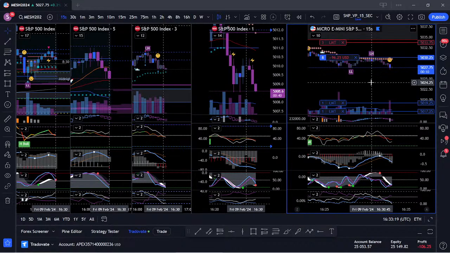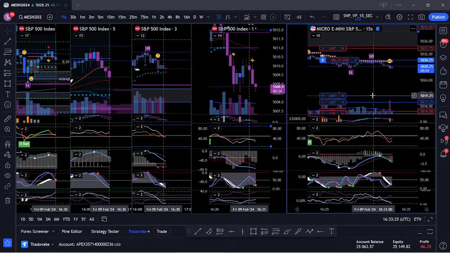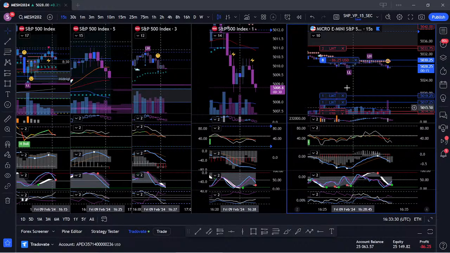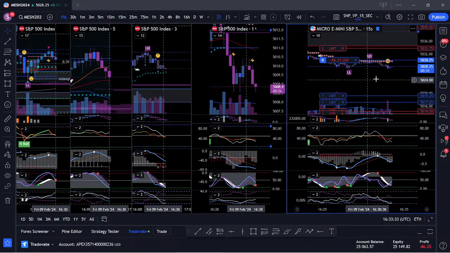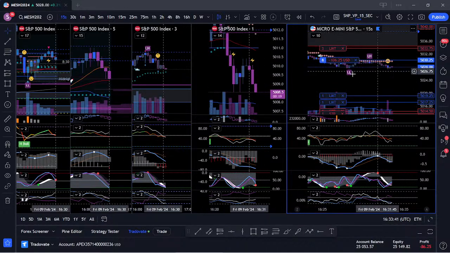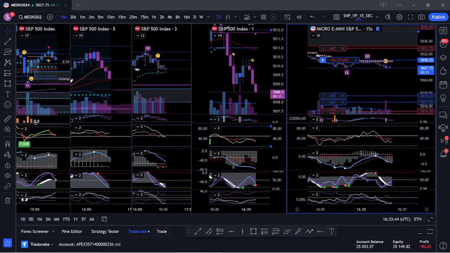Okay, now we have to wait. I'm willing to lose my maximum daily loss, which is 250 on this trade, because this is supposed to be a good pullback on 15 minutes.